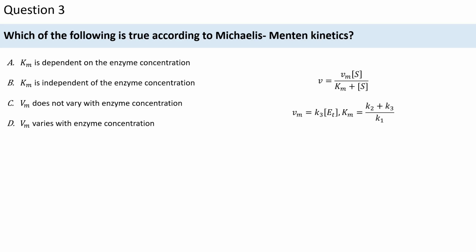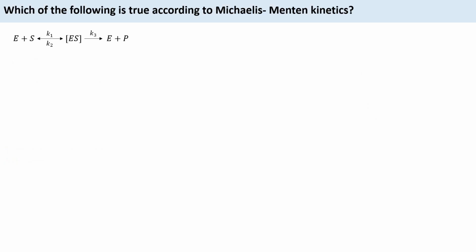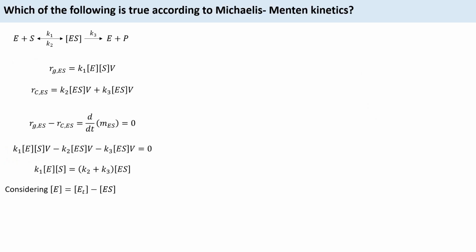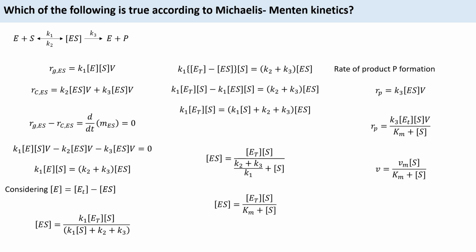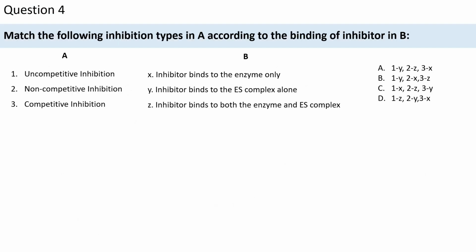So Vm varies with enzyme concentration, whereas Km is independent of enzyme concentration. B and D are the answers. We even saw in detail how this derivation happens, although sir has explained it in the lecture. As we used this equation in the previous problem in tutorial 2, I explained this derivation also. You can go to tutorial 2 and have a look at it.